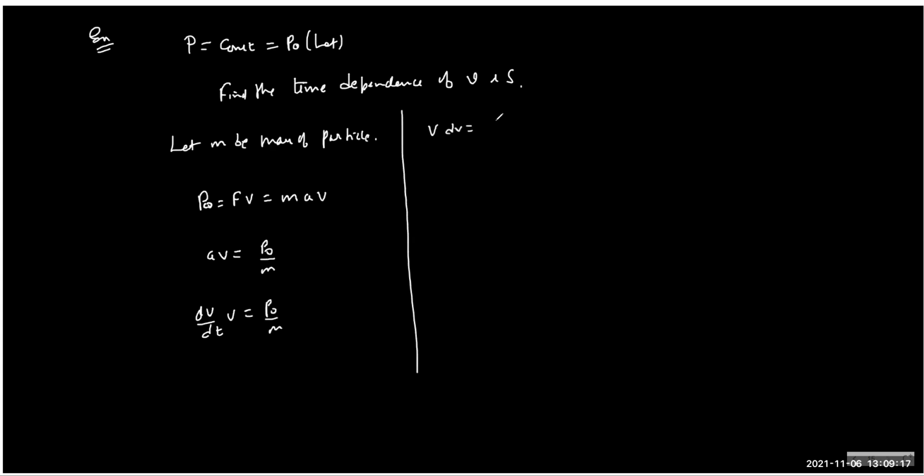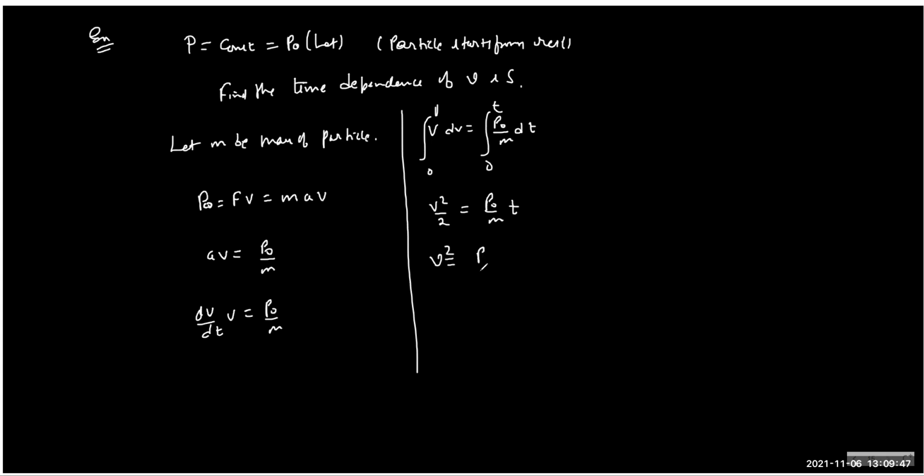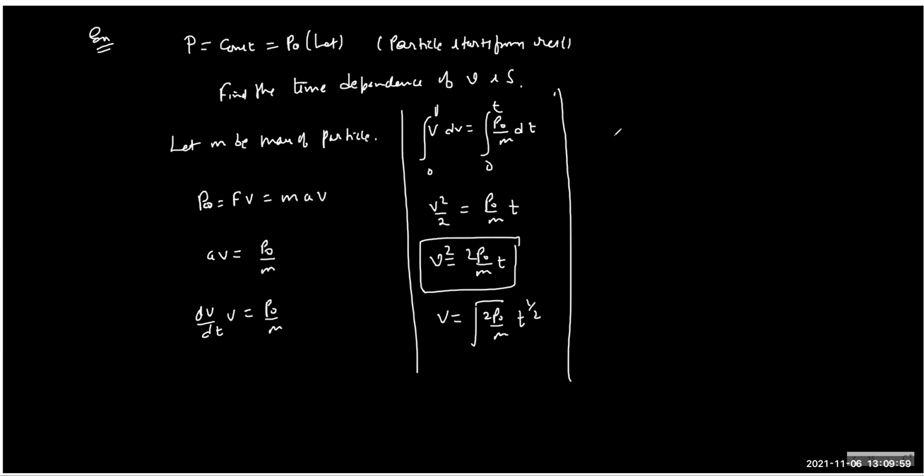So v dv we can write as P naught by m dt, and you start from rest actually. Similarly, you can find the s relation.